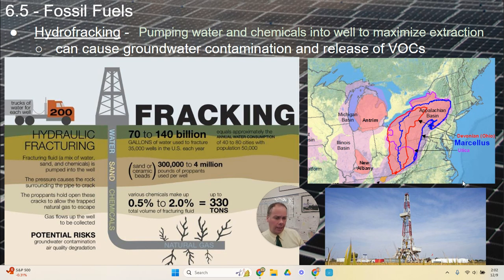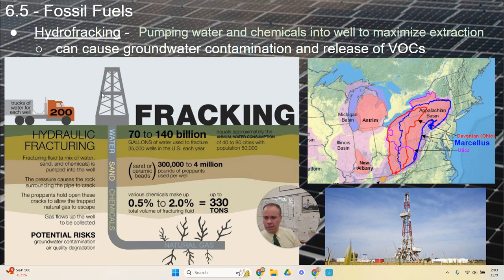So what's done in hydrofracking, this is a hydrofracking well, and hydraulic fracturing, basically you drill a long vertical tunnel until you get to the rock that contains the natural gas, and it's drilled also horizontally into this rock formation, so down and horizontally.